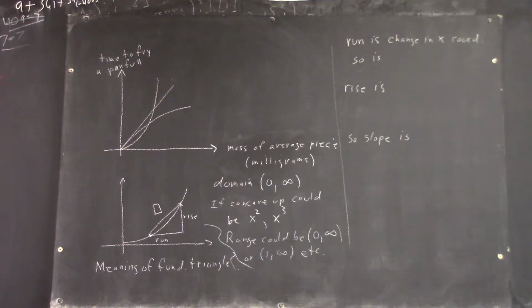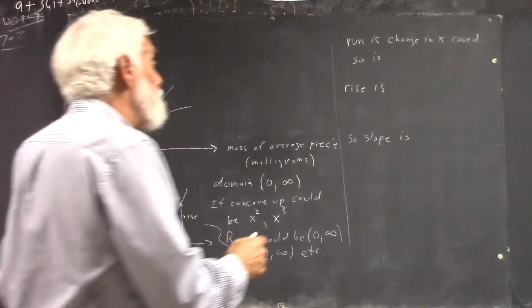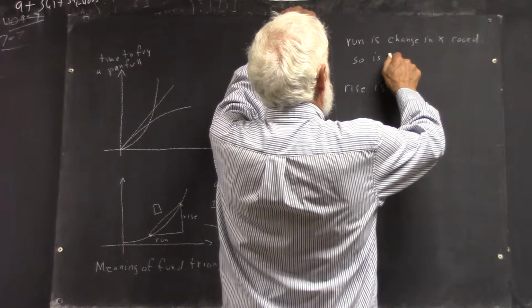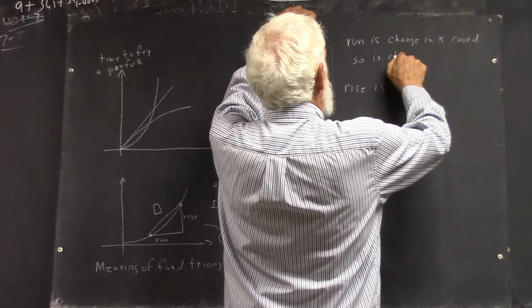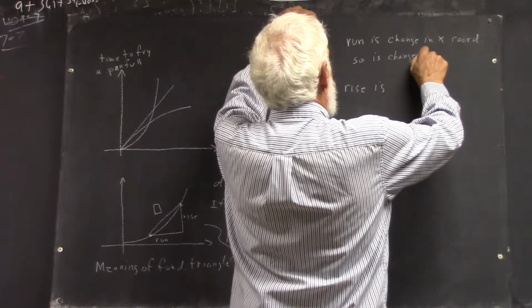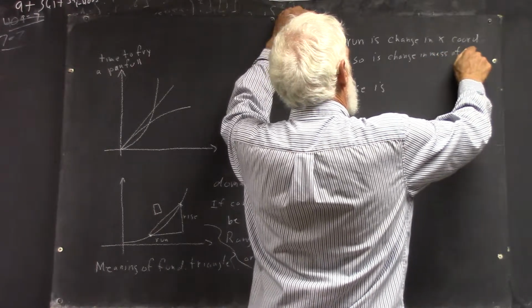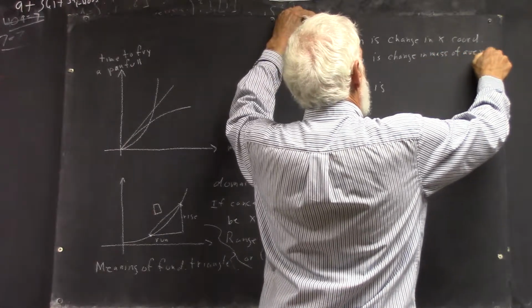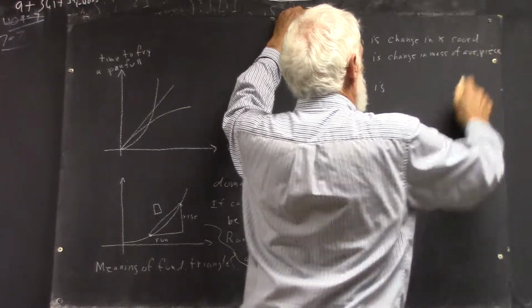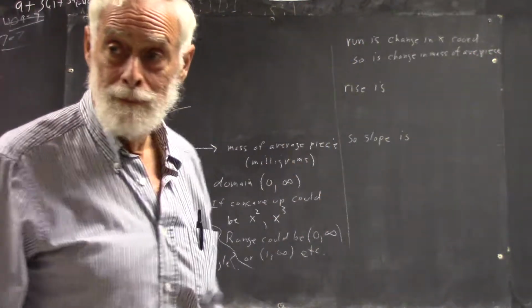So what is it? The x-coordinate is the average mass, right? Mass of the average piece. So I just draw a change in mass of the average piece.